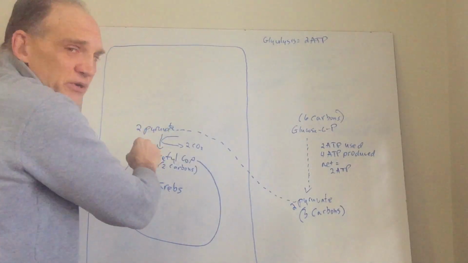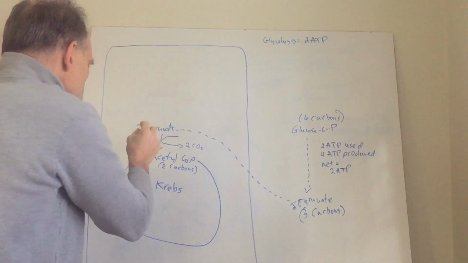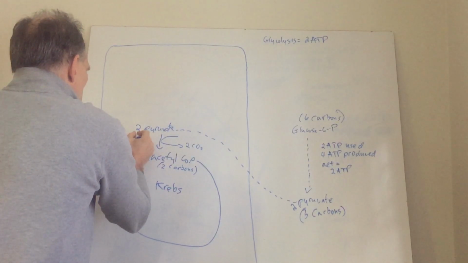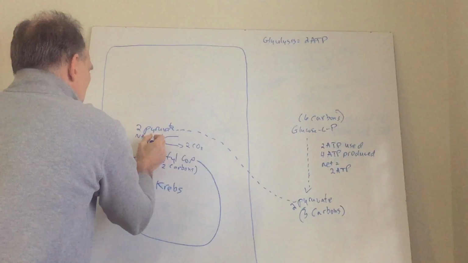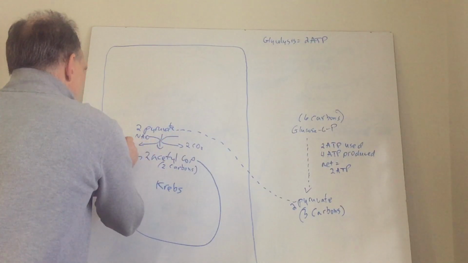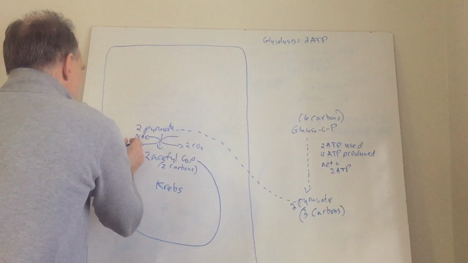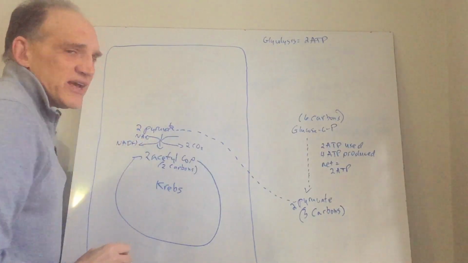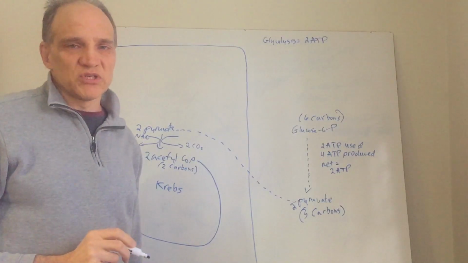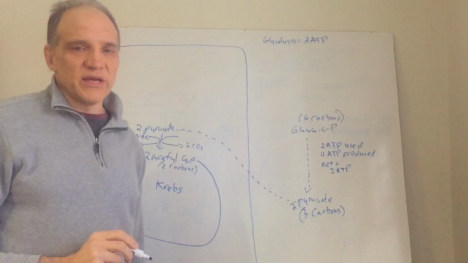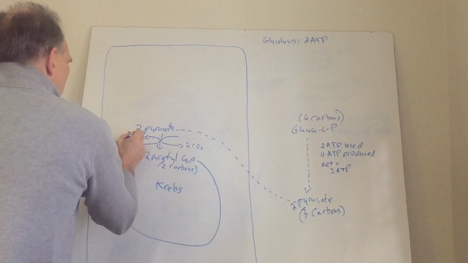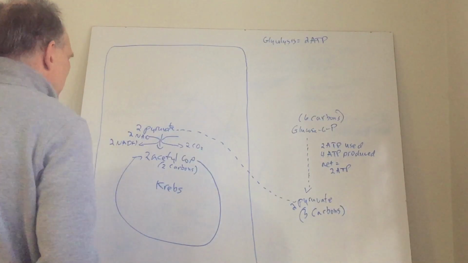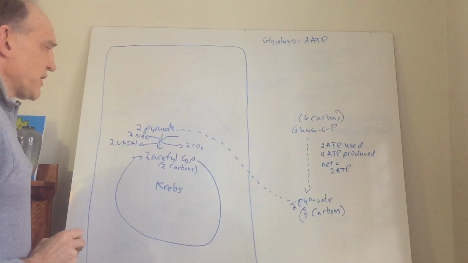In this reaction, you're producing NADH. So you get 1 NADH that's produced here, and that's eventually going to go to the electron transport chain. For each NADH that goes to the electron transport chain, you're going to produce 3 ATPs. So there's 2 there, 1 for each pyruvate.